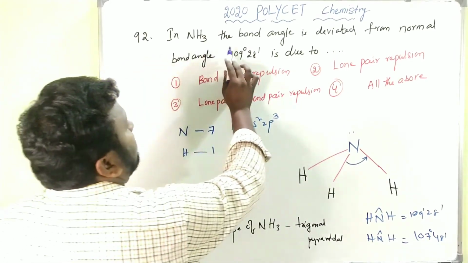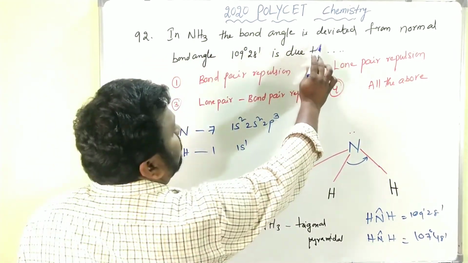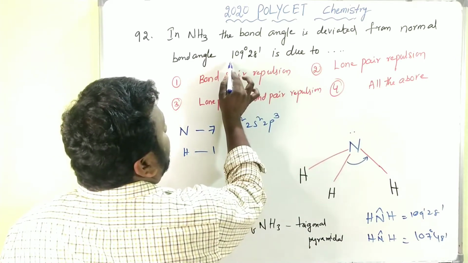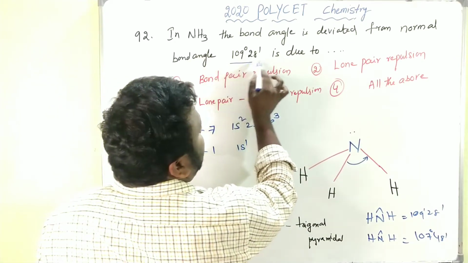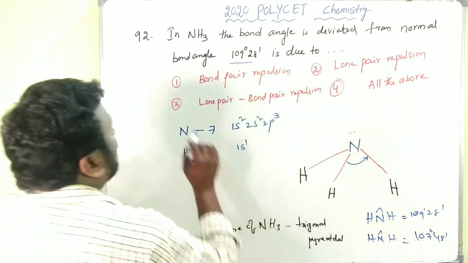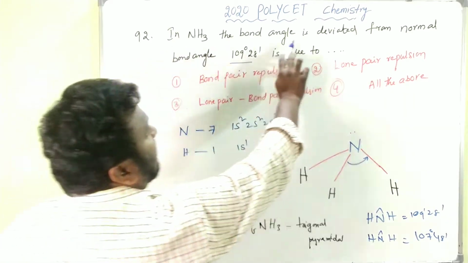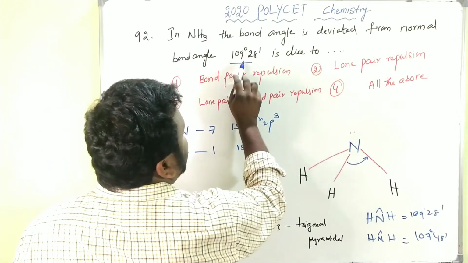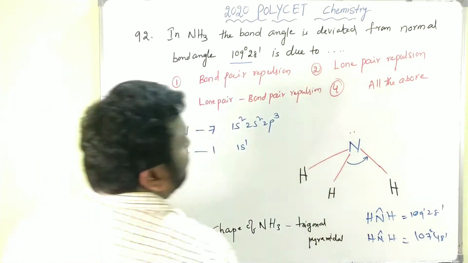In NH3 the bond angle is deviated from the normal bond angle of 109 degrees 28 minutes. This is due to what?